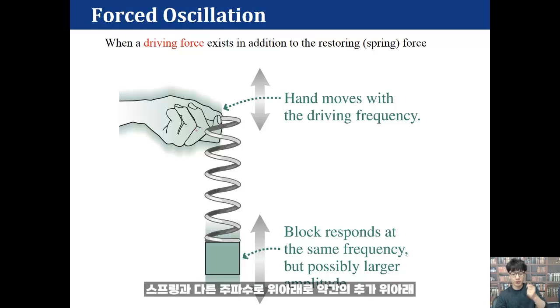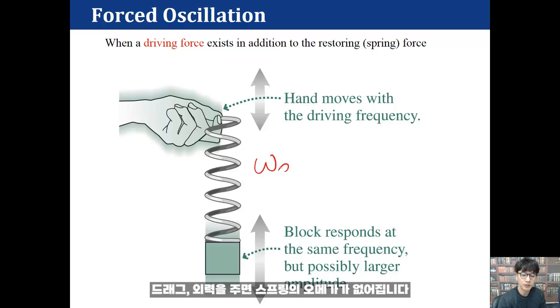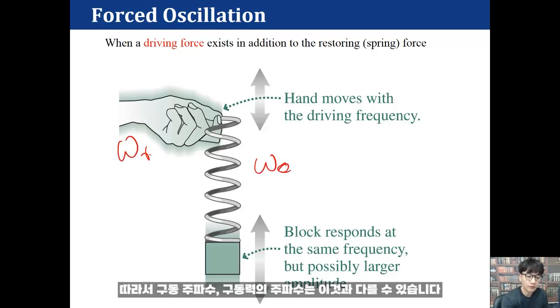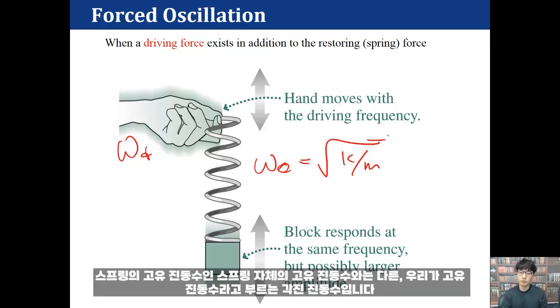You give some additional external force, up and down, with a different frequency than the omega naught of the spring. So the driving frequency of the driving force can be different from the natural frequency of the spring itself.